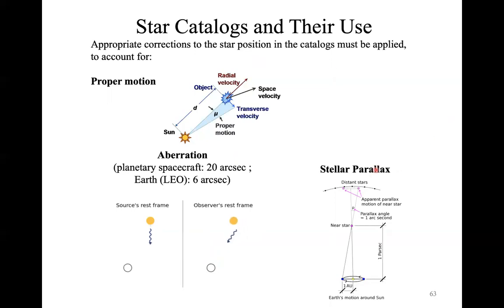The other property that is cited in the star catalog is the stellar parallax. For example, if you are in cruise, let's do the example of BepiColombo again.